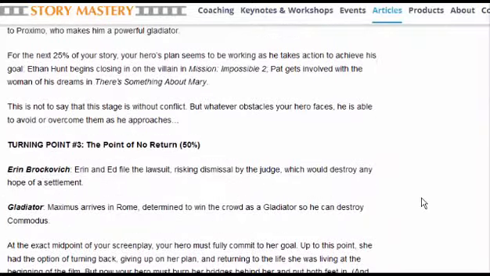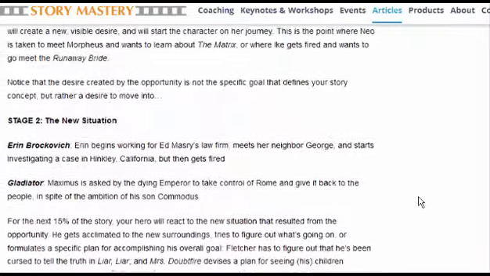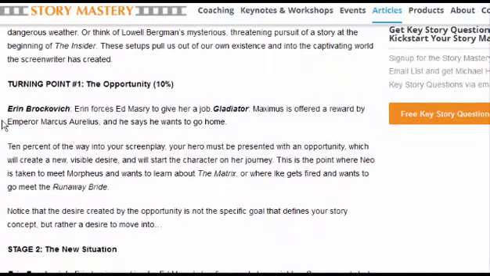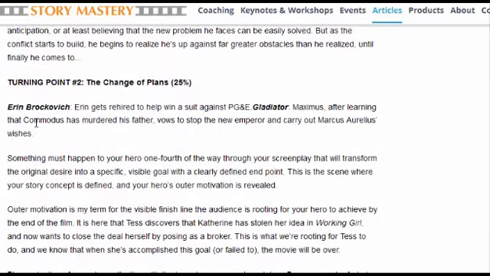If we go back to his website, you'll see, for example, he uses the Erin Brockovich story. He says the opportunity is Erin forces Ed Masry to give her a job. Then stage 2: Erin begins to work for Ed Masry in Masry's law firm, meets her neighbor George, and starts investigating a case in Hinckley.